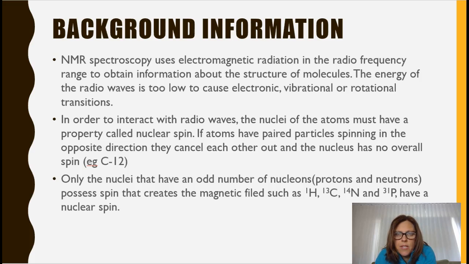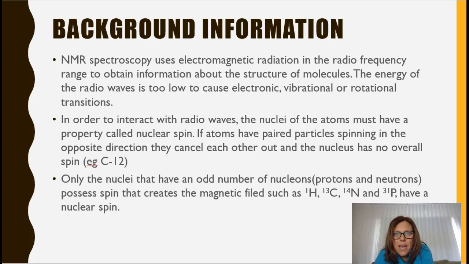In our previous unit, in our Year 11 unit, we looked at spin up, spin down and pairing of that spin. We're going to do the same here with our protons and our neutrons. For this to happen, we have paired particles.